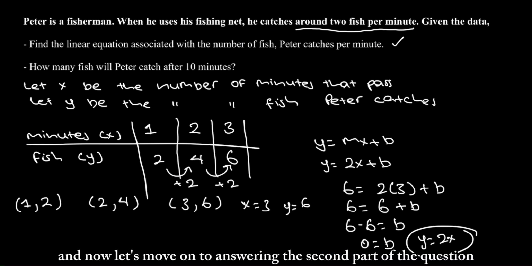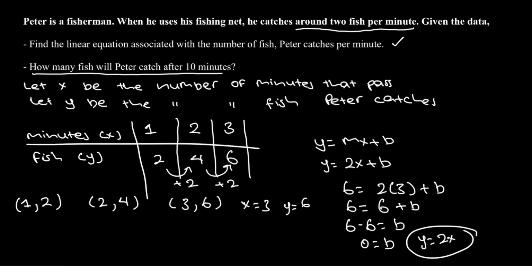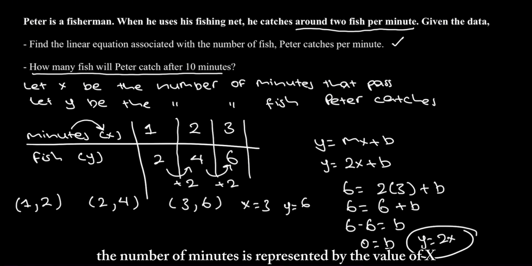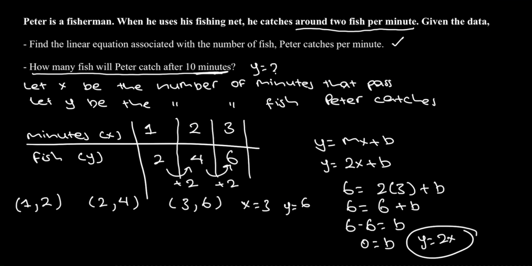And now let's move on to answering the second part of the question. How many fish will Peter catch after 10 minutes? We have already established that the number of minutes is represented by the value of x. This question basically means: what is the value of y when x equals 10?